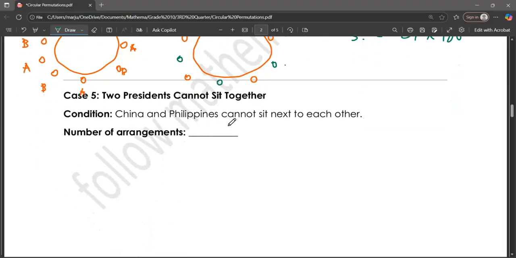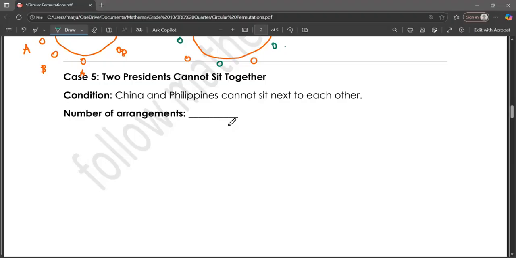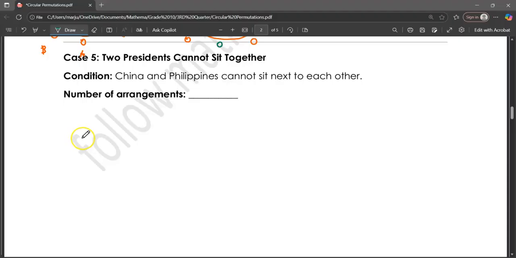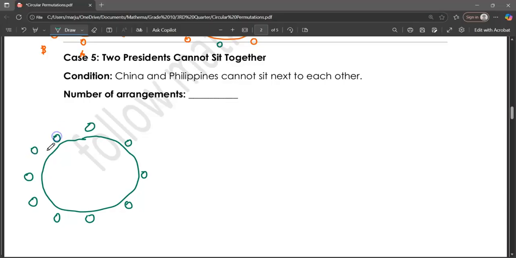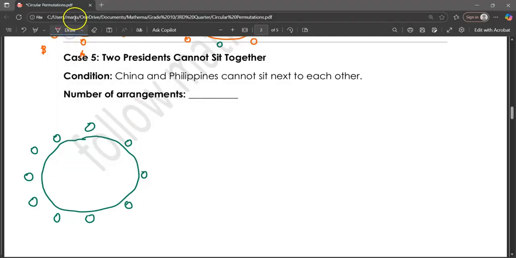Let's do number 5. Two presidents cannot sit together. So for example, China and Philippines cannot sit next to each other. So how are we going to do that? Again, we have our circular table, and we have 10 people here: 1, 2, 3, 4, 5, 6, 7, 8, 9, and 10. Since China and Philippines cannot sit together, if we're going to do this visually, we fix one person.